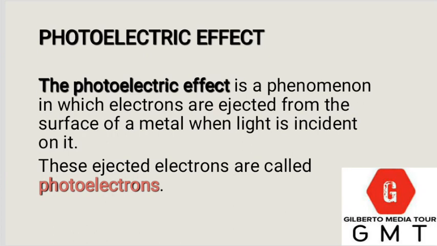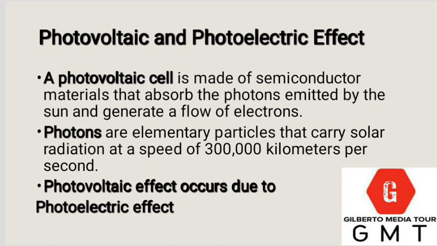Also, you can define the photoelectric effect as a phenomenon in which electrons are ejected from the surface of a metal when light is incident on it. This is very easy and essential to understand. When you say photon, it is the light from the sun.